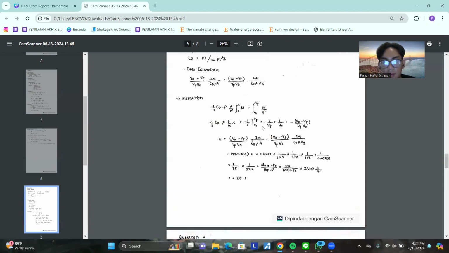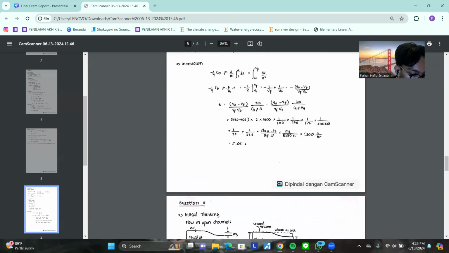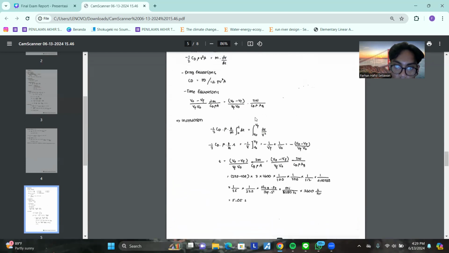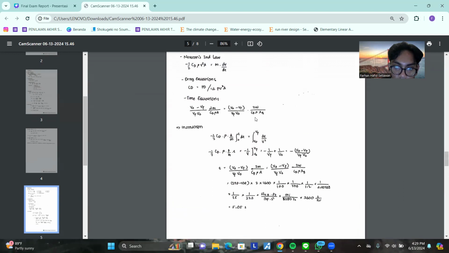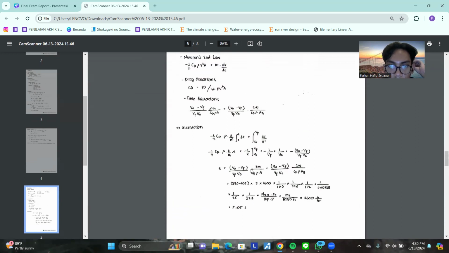And we got minus of 1 per VF plus 1 per V0 equals minus V0 minus VF per VF V0. So we can conclude that t is equals to V0 minus VF per VF V0 times 2m per CD rho A.